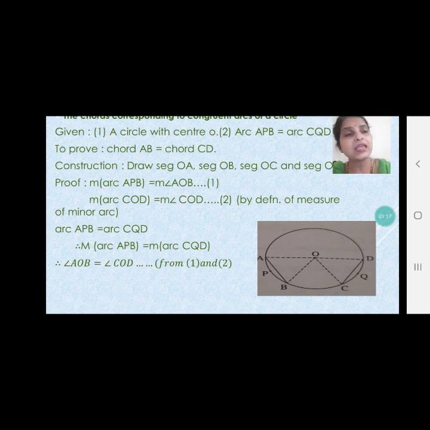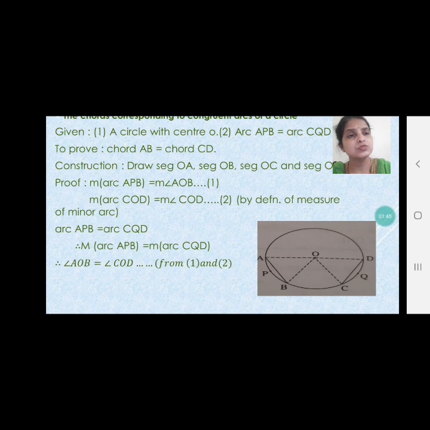Now in triangle AOB and triangle COD, AO is equal to OC, BO is equal to OD, and angle AOB is equal to angle COD, right? So the two triangles are congruent by SAS test.